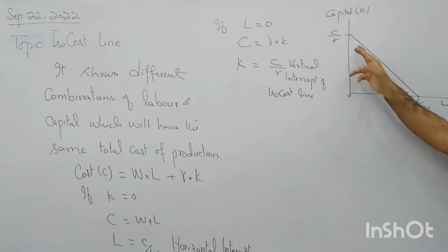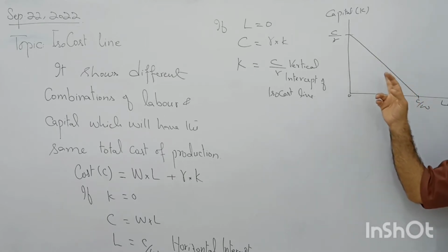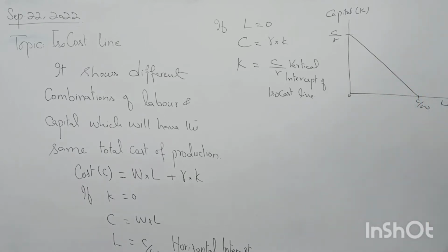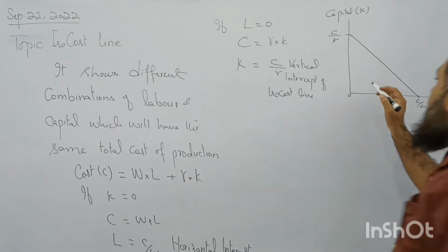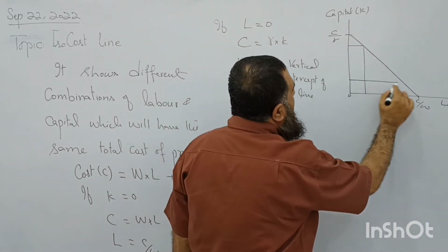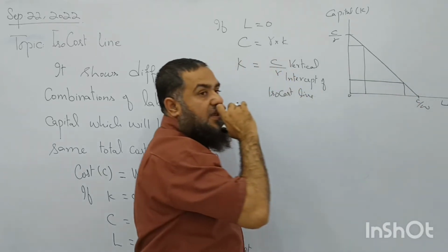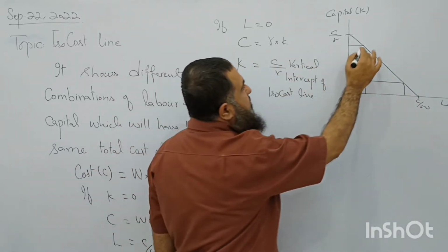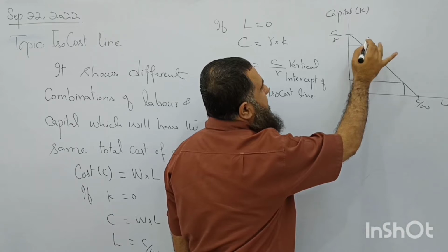All right. So any point along this cost line will have the same total cost of production. Either the firm adopts this combination or this combination. At point X, what is happening?